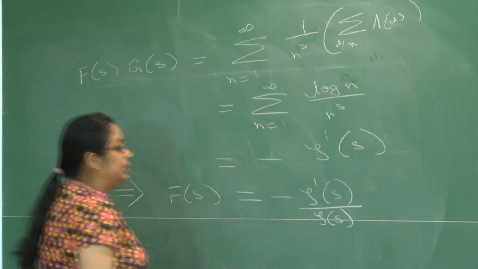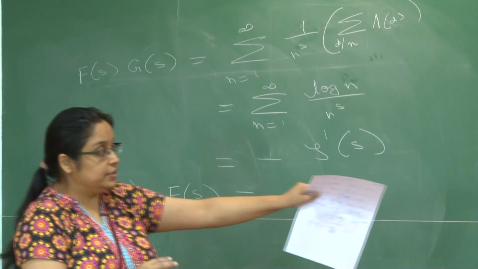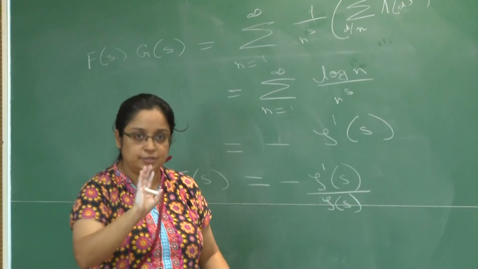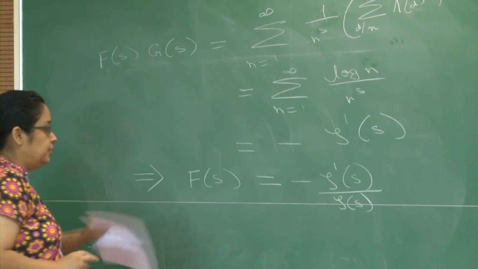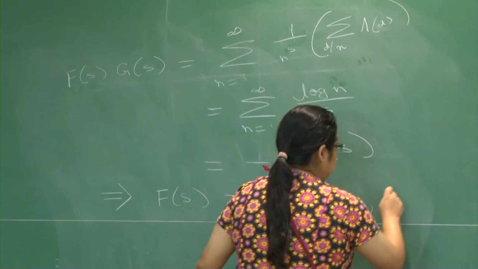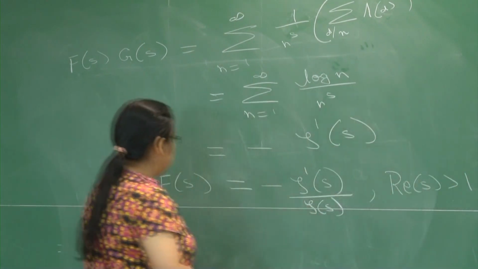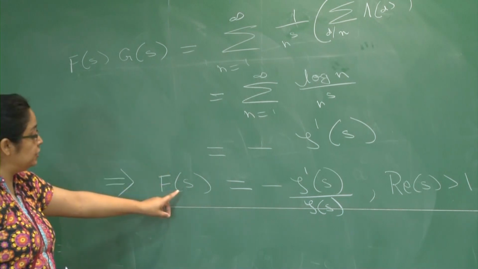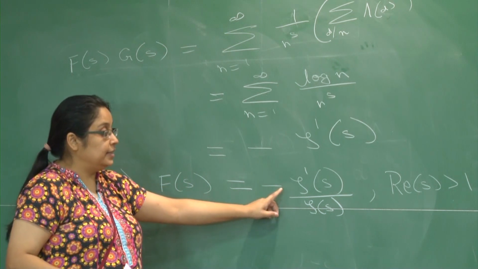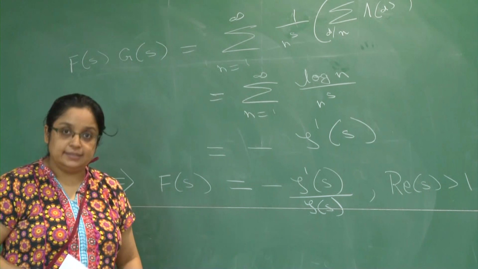over zeta of s. By the way, the fact that zeta of s is not 0 in the region where the real part of s is greater than 1 follows from the Euler product representation. I'll let you work it out as an exercise. So in this region, the Dirichlet series coming from the von Mangoldt function can be written as the negative of the derivative of zeta over zeta itself.